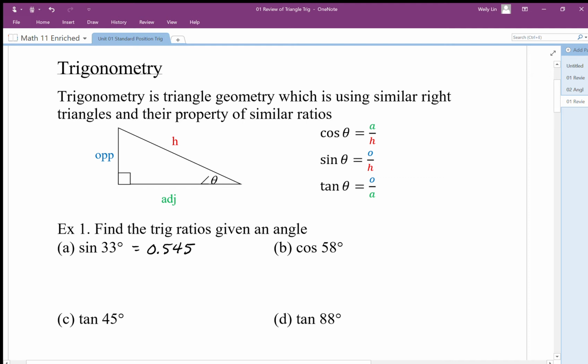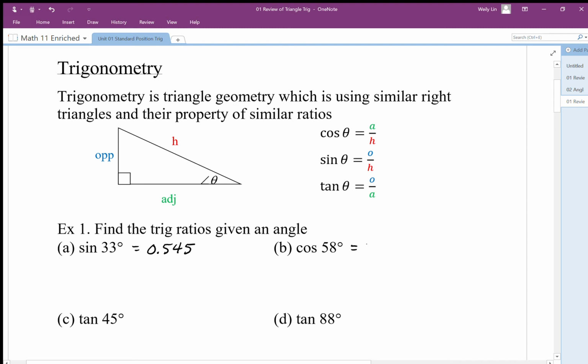Okay, so cosine of 58. Again, we should have in mind what a 58-degree triangle looks like, and we can translate that into an adjacent over hypotenuse ratio by using our cosine function on our calculator. Without that cosine function, it's very difficult. There is no add or subtract calculation that allows us to convert degrees into the ratio, because there are two different ways to describe the same thing.